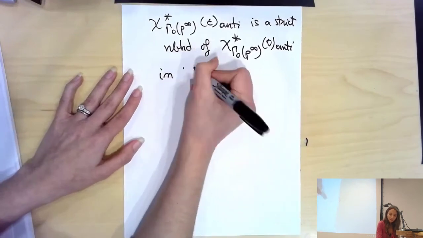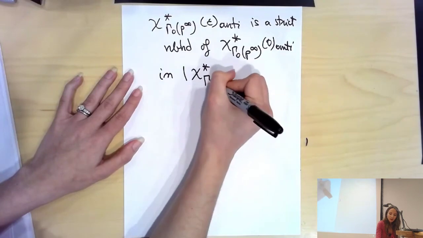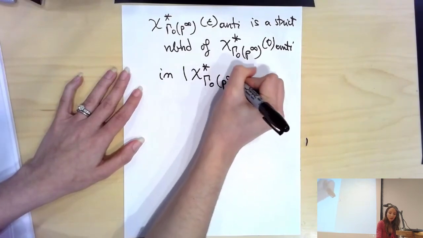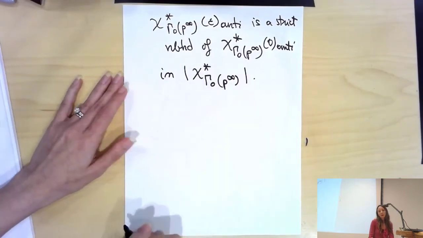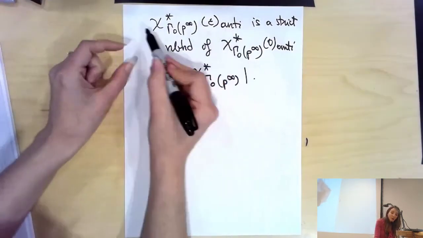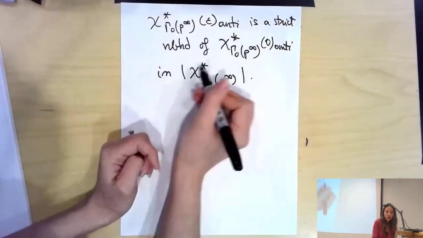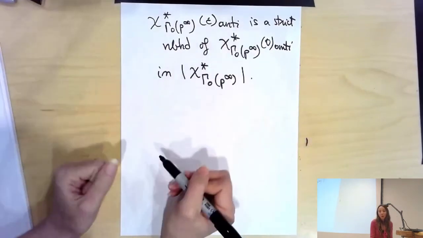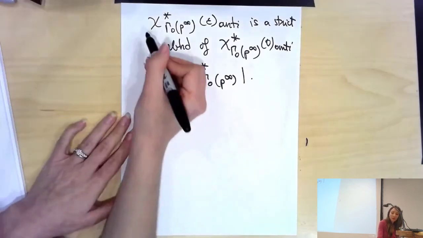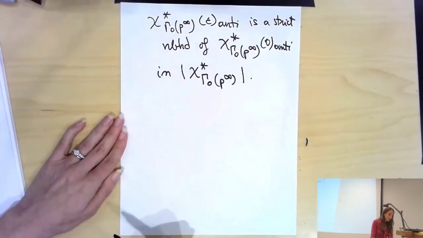I guess, for now I can only talk about it on the level of topological spaces, but inside this ambient space, you can identify some open in here with the underlying topological space of a perfectoid space, and this perfectoid space is going to be a neighborhood of the ordinary locus.